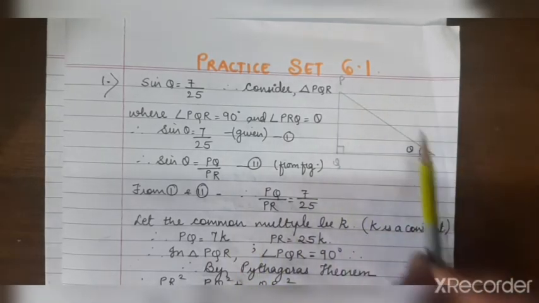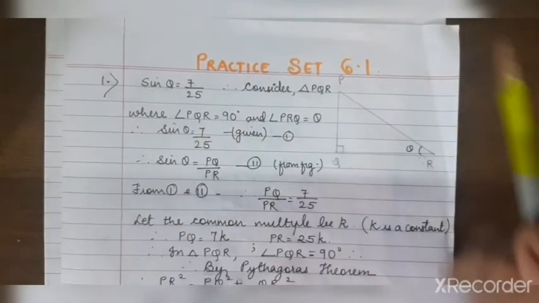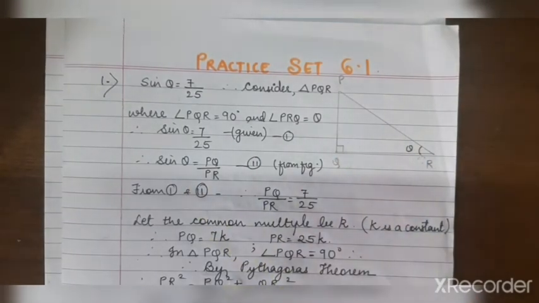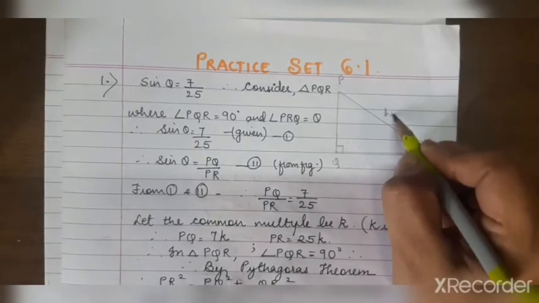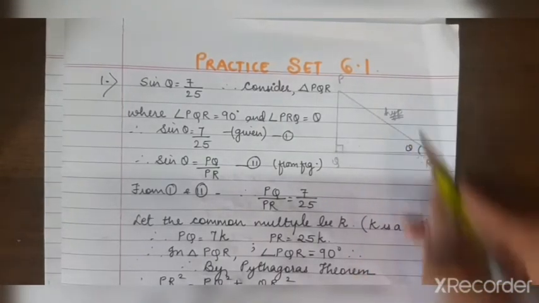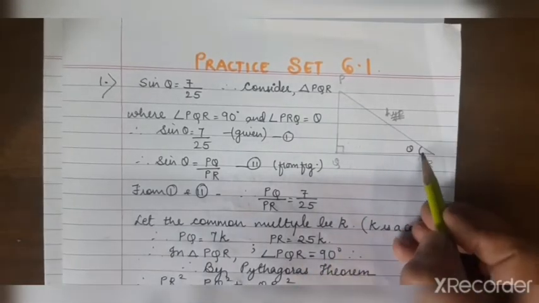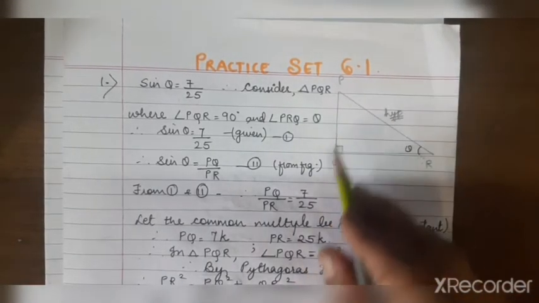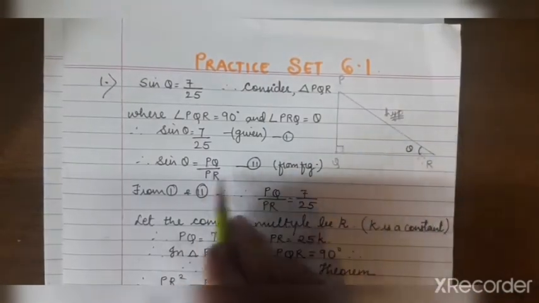So in this triangle, sine theta is 7 upon 25, and sine theta we know is opposite upon hypotenuse. Here PR is the hypotenuse, which is opposite to 90 degrees. Since sine theta is opposite upon hypotenuse, opposite is PQ and hypotenuse is PR.